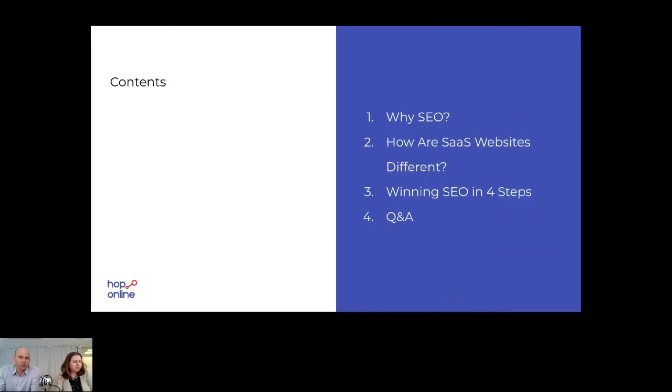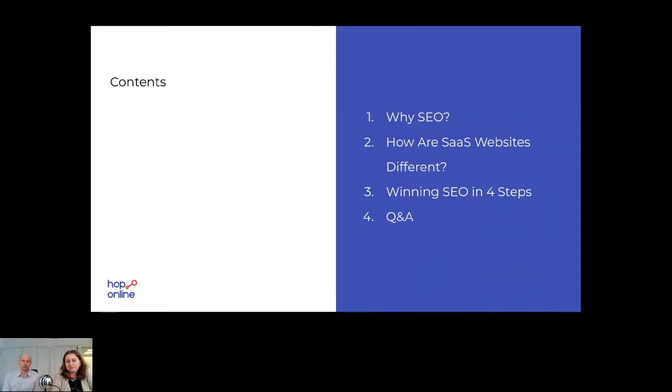So we have really four major things on the agenda today. I'm going to start with really trying to make a case for why SEO really needs to be a major part of your marketing strategy and a big part of your digital marketing mix. And then I'm going to turn it over to Galia, who's going to describe, first of all, how SaaS websites are different.